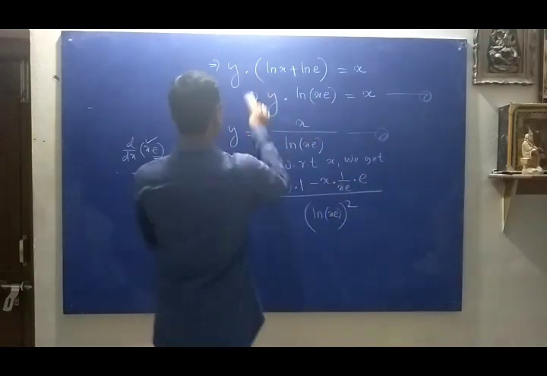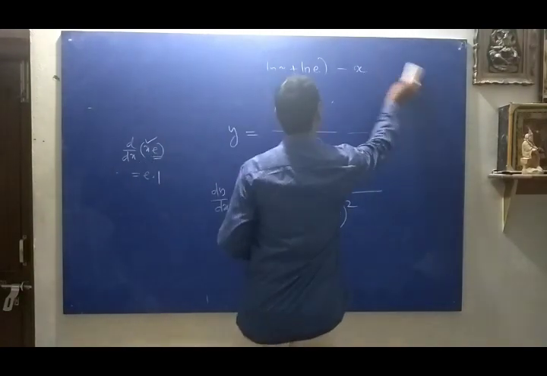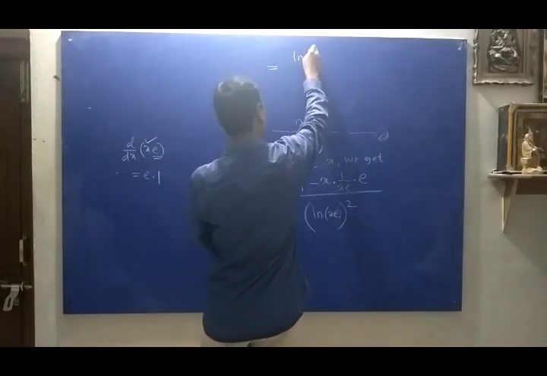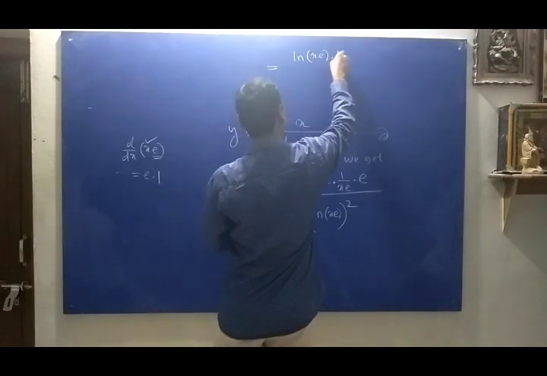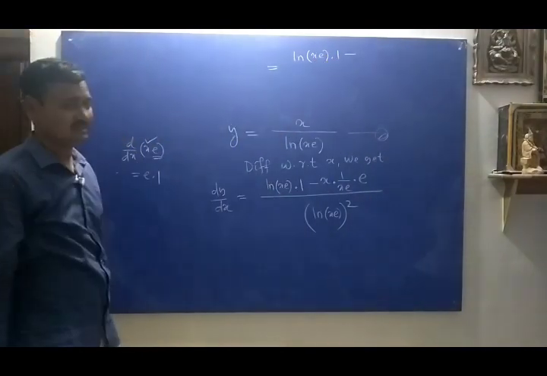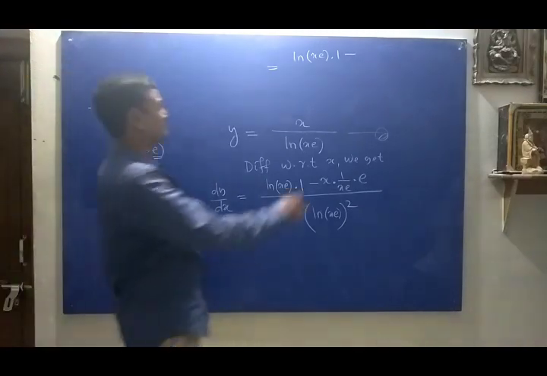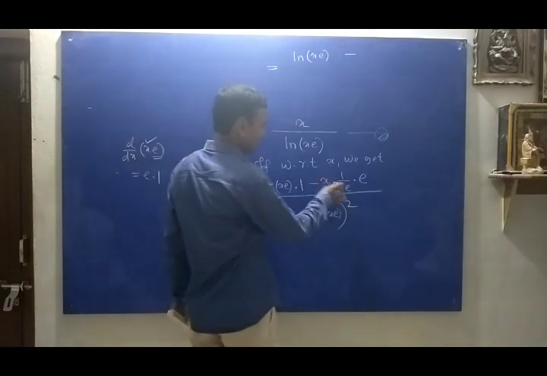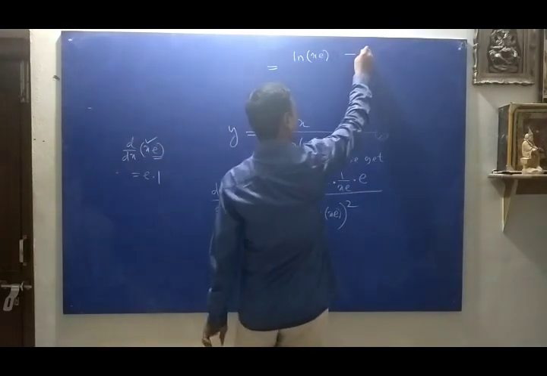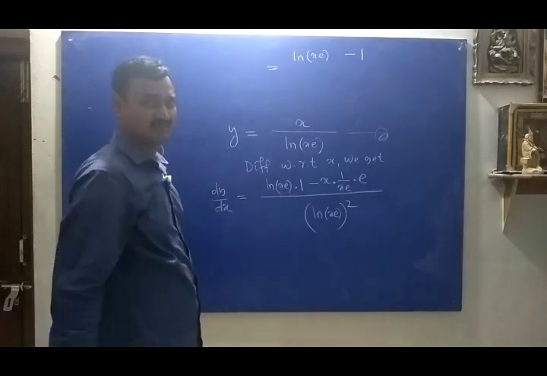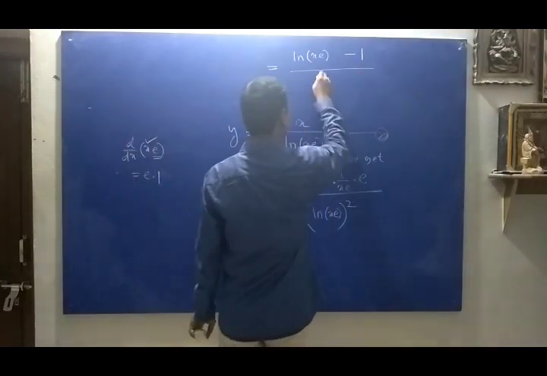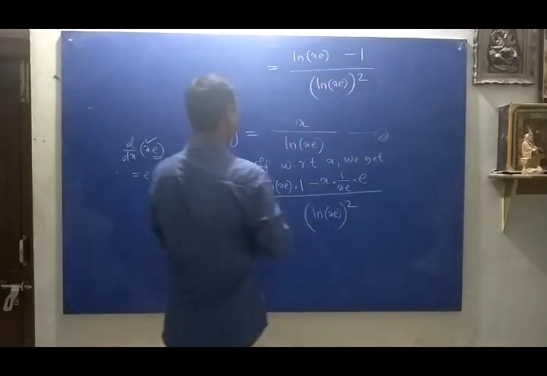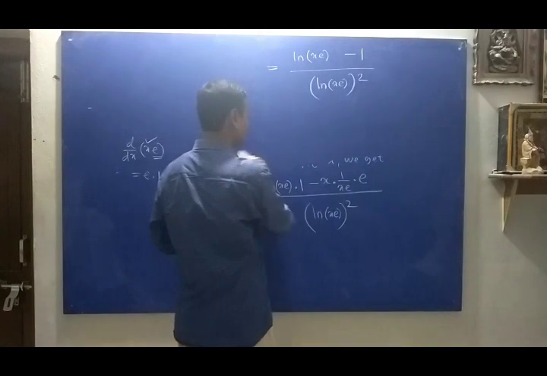So this is equal to ln of ex into 1, that means ln of ex, minus x and e cancel. So what is that result? Minus 1 by ln of ex whole square.